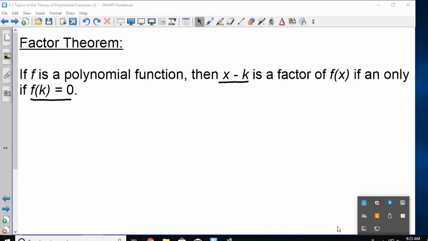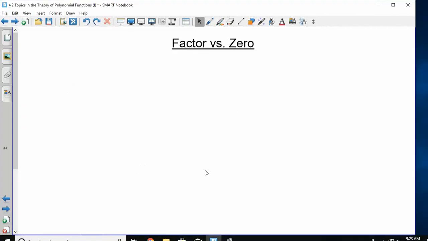So we have to know the difference between what's a factor and what's a 0. And we even use that on the homework from when we were talking about that graphing problem for today. So I want to make sure we are clear on that. A factor includes an x.